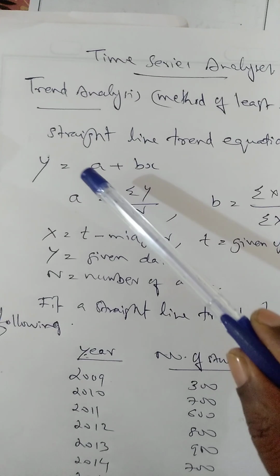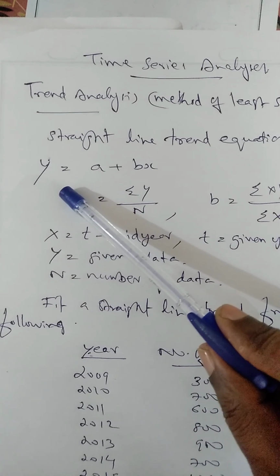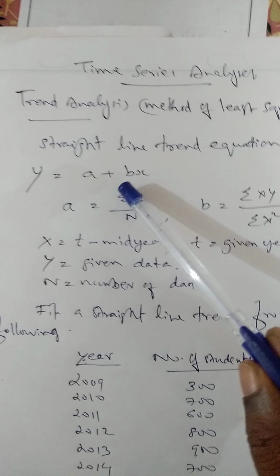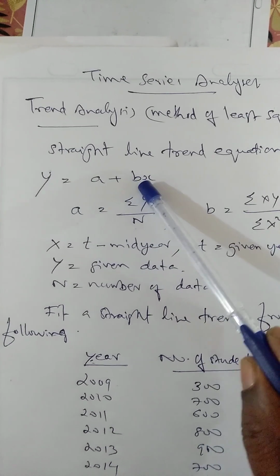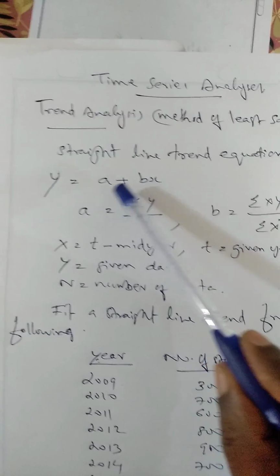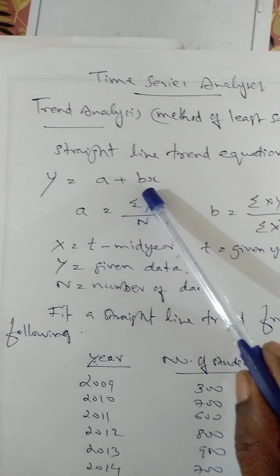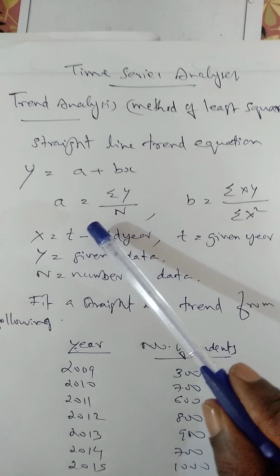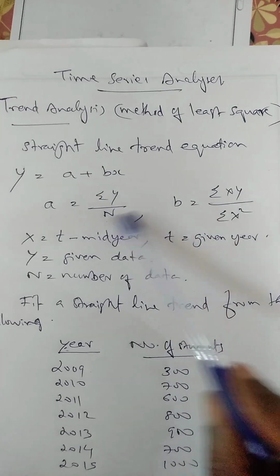That means we can project the value of y based on the value of x by using two constant figures, called a and b. This a and b are calculated by using these two formulas.